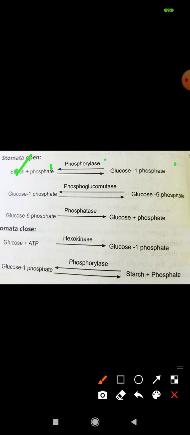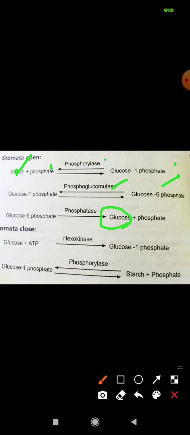As its conversion up to glucose is essential, in between, glucose 1 phosphate further gets converted into glucose 6 phosphate under the influence of enzyme phosphoglucomutase, and glucose 6 phosphate under the influence of phosphatase enzyme forms glucose and phosphate, and stomata open.